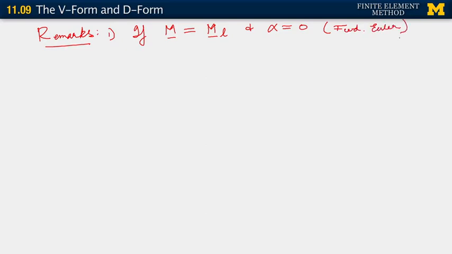Okay? If we have this particular combination, then what we see is that for V n plus 1, which is lumped mass inverse Fn plus 1 minus k d tilde n plus 1, okay, because the lumped mass is a diagonal matrix, its inverse is trivial, right?